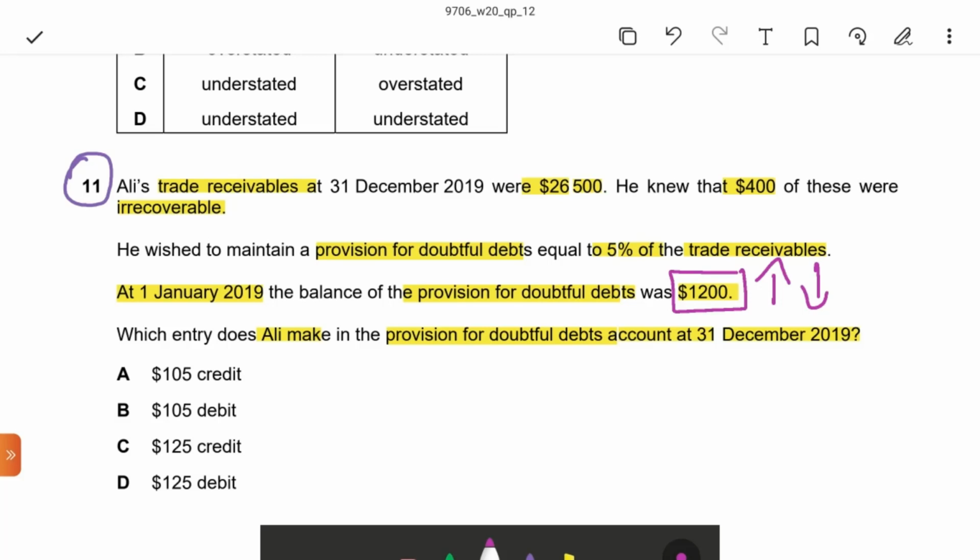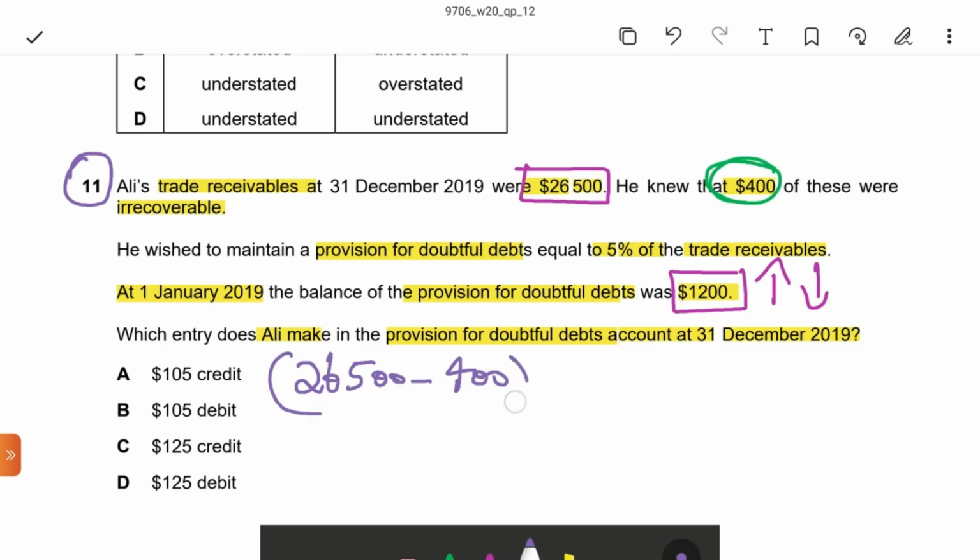Here, trade receivables are given as 26,500. So we have to calculate this year's provision. Provision is always calculated after deducting the bad debt. Here the bad debt is given as $400. So 26,500 minus 400, multiplied by 5%.